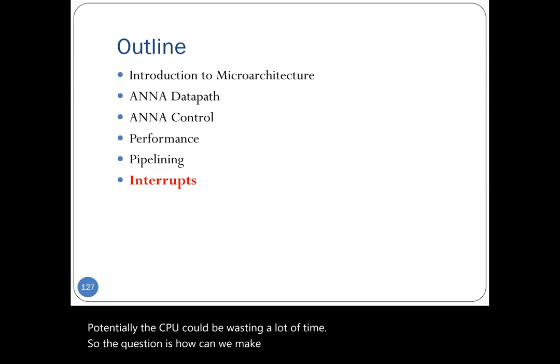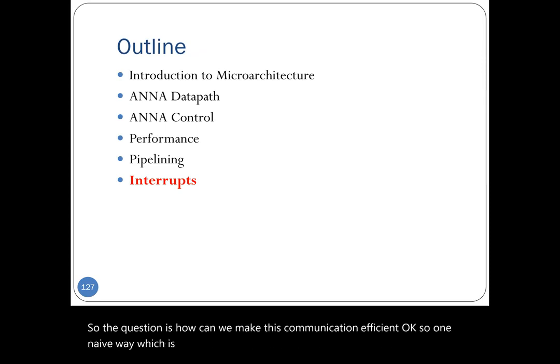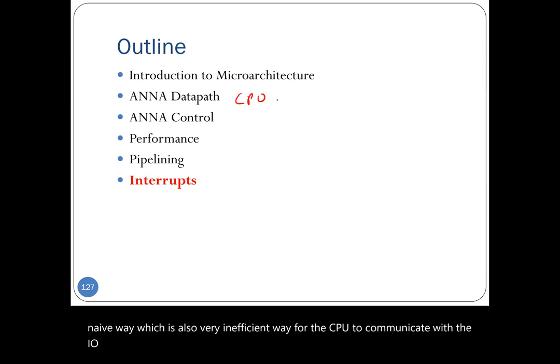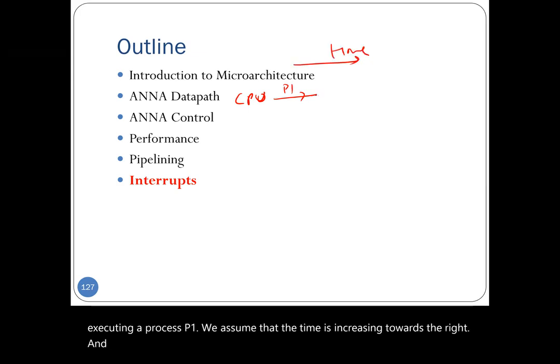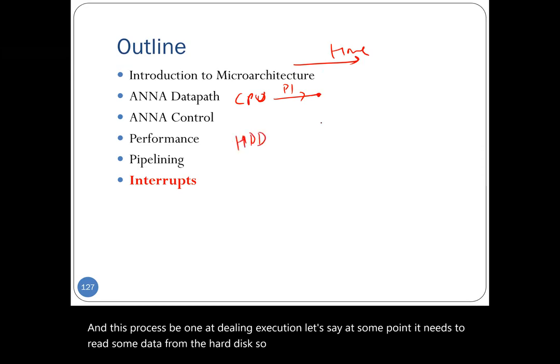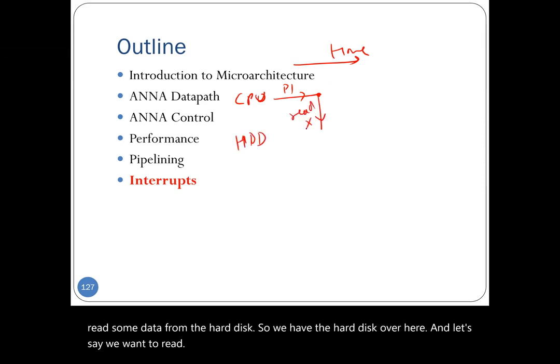One naive, and very inefficient, way for the CPU to communicate with the IO devices is shown here. Let's say we have the CPU executing a process P1, and time is increasing towards the right. At some point during execution, P1 needs to read some data X from the hard disk.